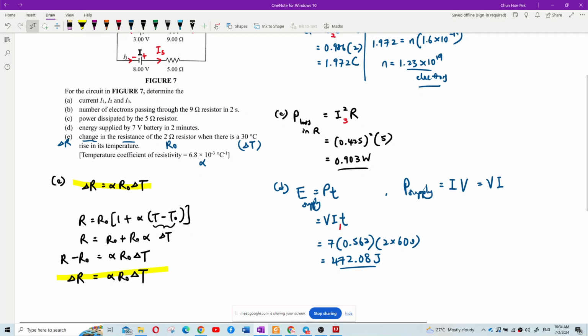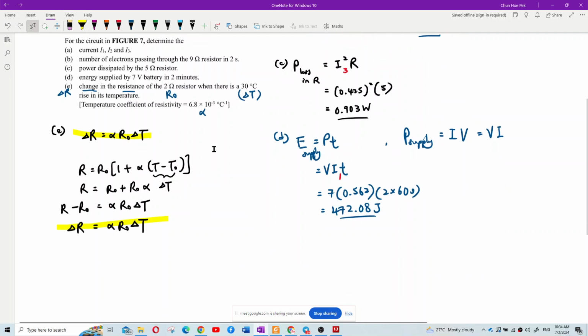Okay, so use this formula. Alpha is 6.8 exponent -3. R naught is 2 ohm. Change in temperature is the 30 degrees Celsius rise in temperature.